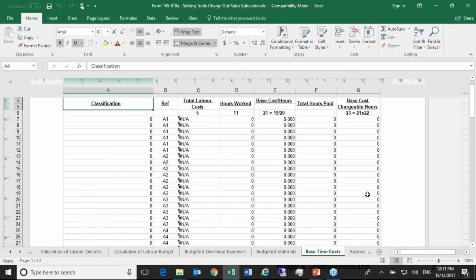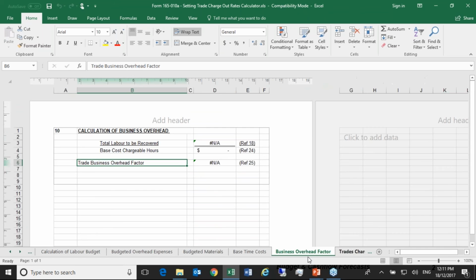The system will then calculate the business overhead expense, which is based on the labour to be recovered divided by the base cost of the chargeable hours, and that is a figure that's then utilised in the costing calculations.